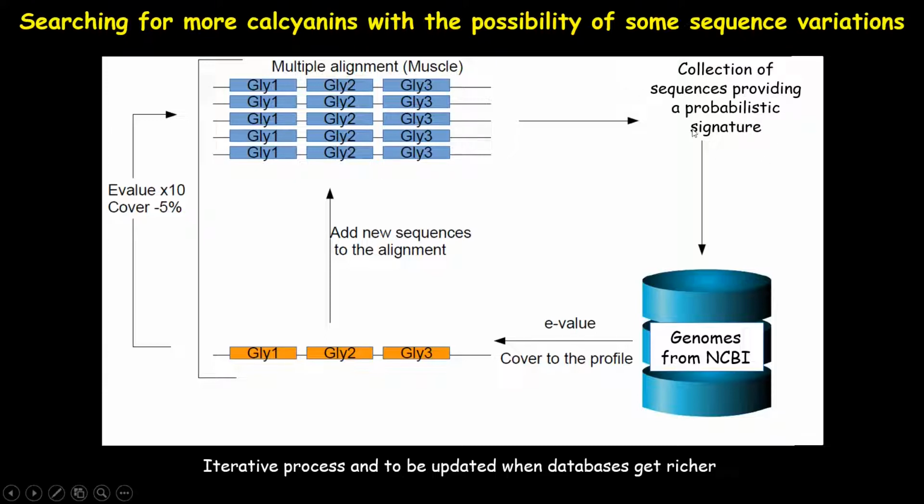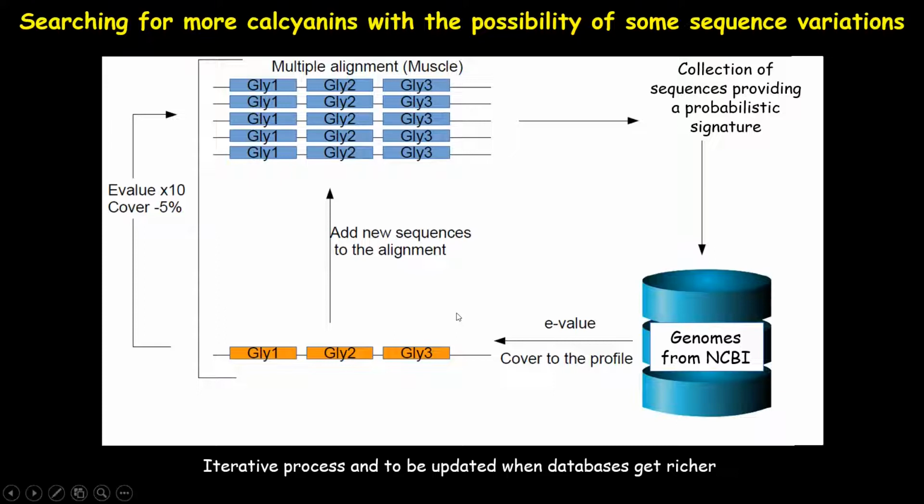And then we confront those sequences to all the genomes that are available in the databases, genomes of cyanobacteria or other bacteria. And from that, we may fish new sequences of calcyanine, add them to that multiple alignment, and then we do it again. So this is an iterative process.